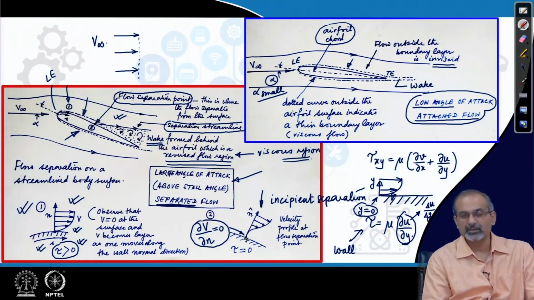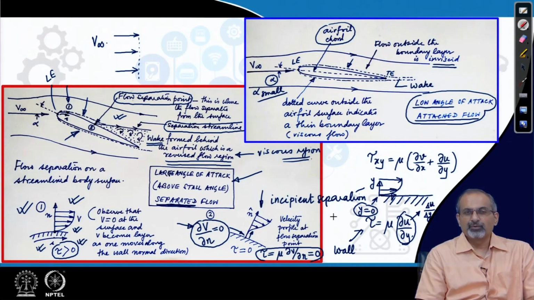The velocity at the wall is 0 because of the no slip condition, and as you move along the n direction, for some distance the velocity remains 0, then it gradually picks up. What that means is that the normal gradient of the velocity is 0 at the wall, and the shear stress, which can be worked out like this, mu del v del n, therefore, the tau will go to 0.